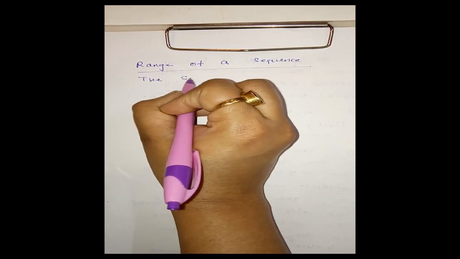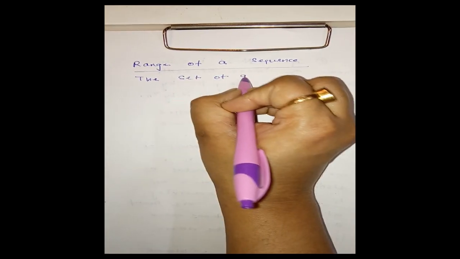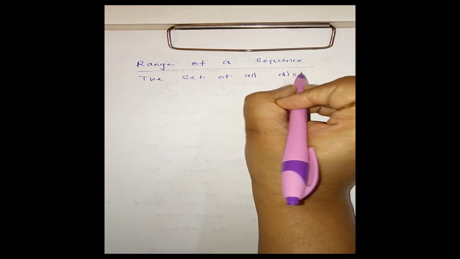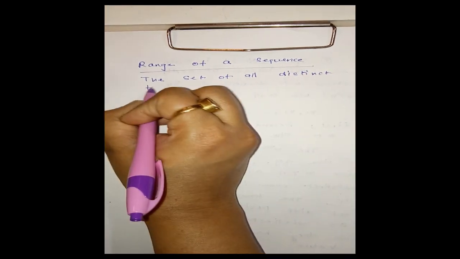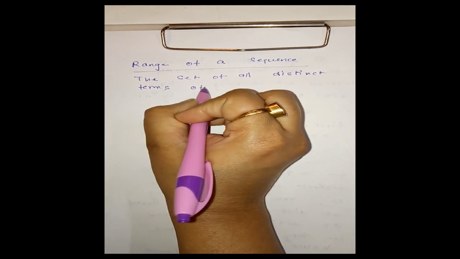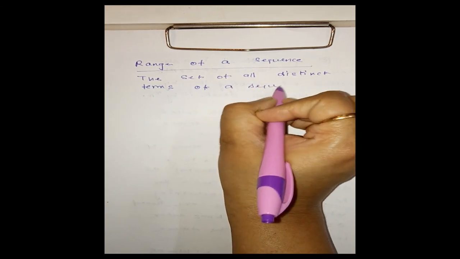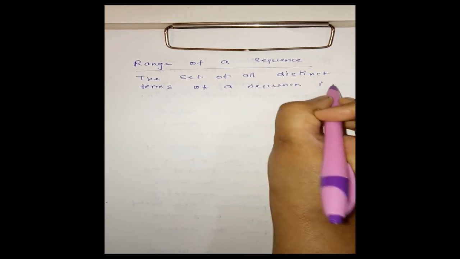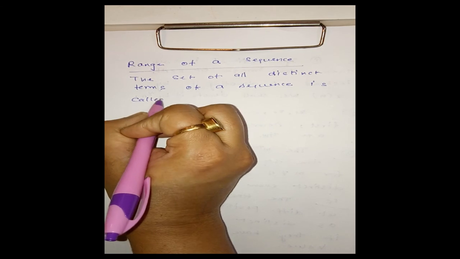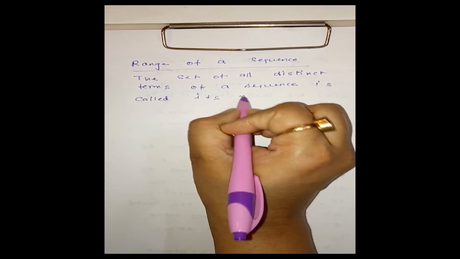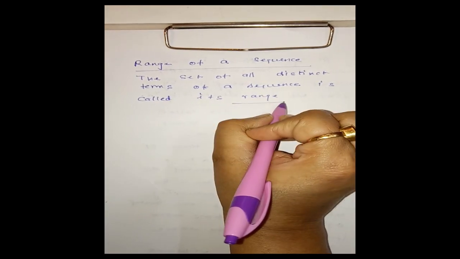The set of all distinct terms of a sequence is called its range.